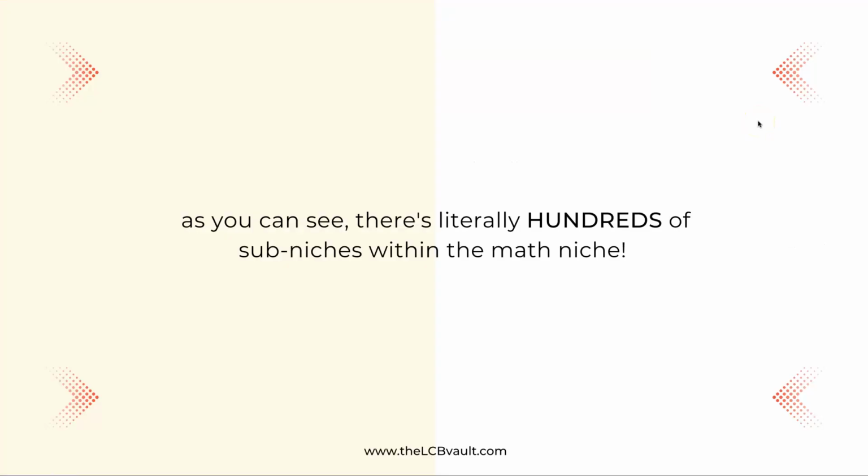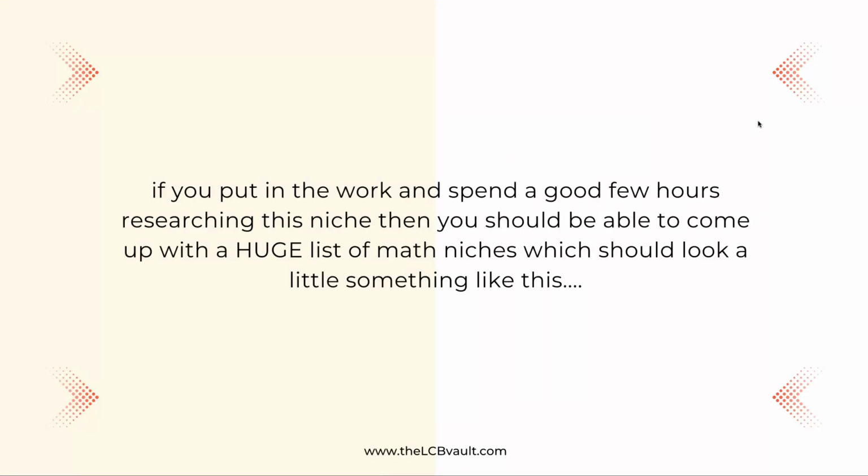So, as you can see, there's literally hundreds of sub-niches within the math niche. If you put in the work and spend a good few hours researching this niche, then you should be able to come up with a huge list of math niches, which should look a little something like this.